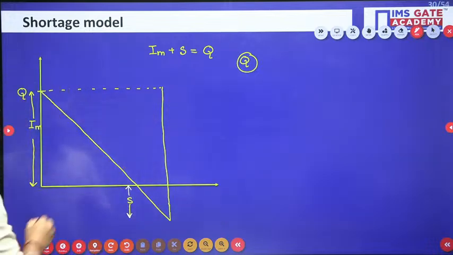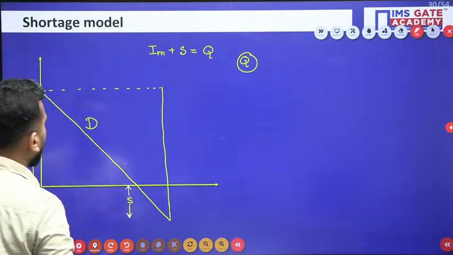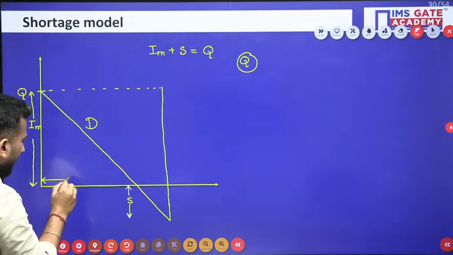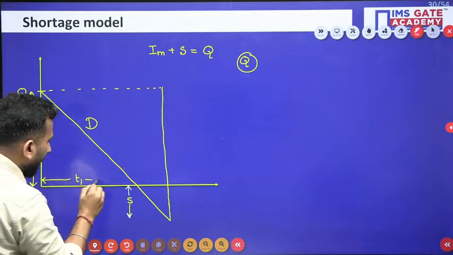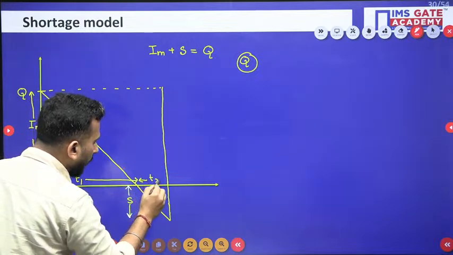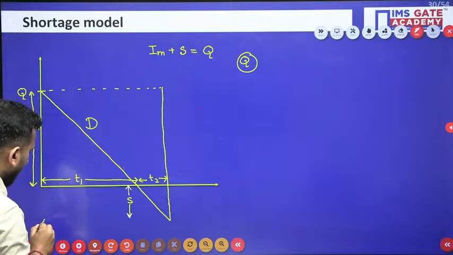Now we are consuming at a constant rate of D. The time till which inventory is there is T1, and the time where shortage is there is T2, and T1 plus T2 constitutes your cycle time.